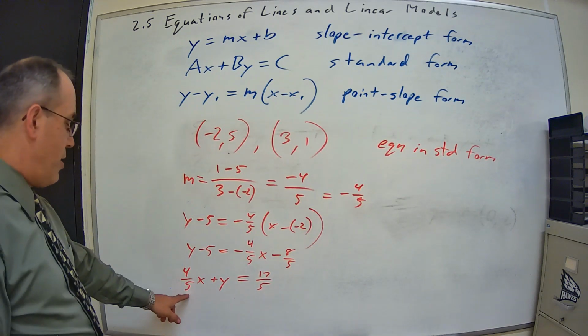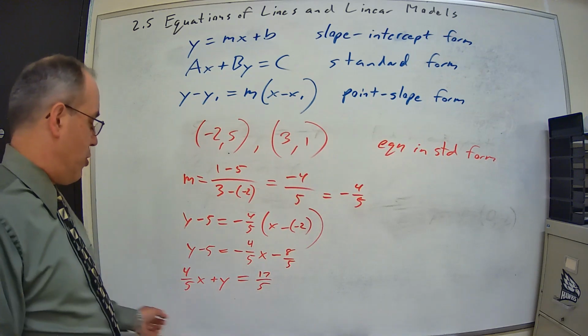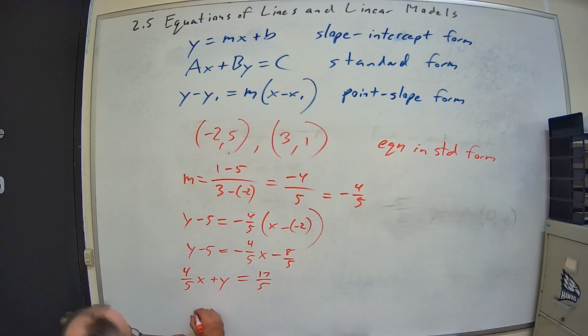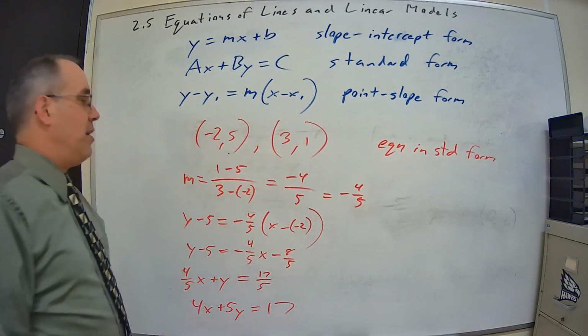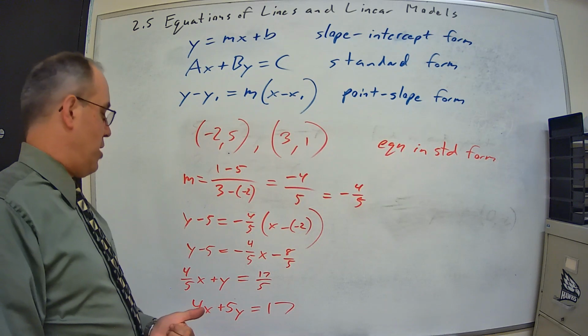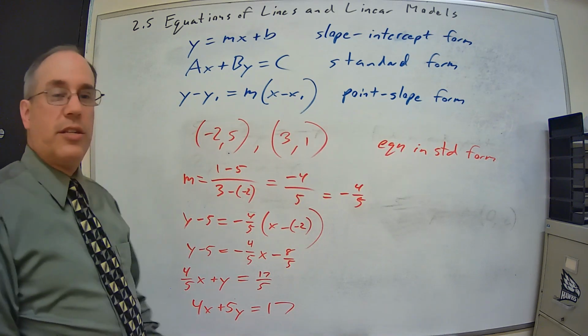Same thing here, common denominator 5. So if I just multiply through this whole thing by 5, I end up with 4x plus 5y is equal to 17, and so I went from 2 points on a line to an equation in standard form.